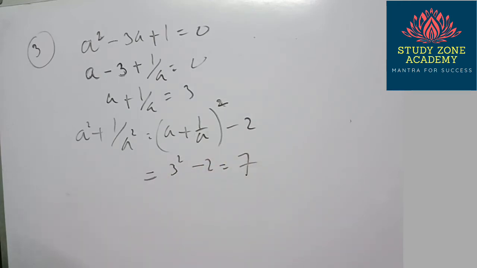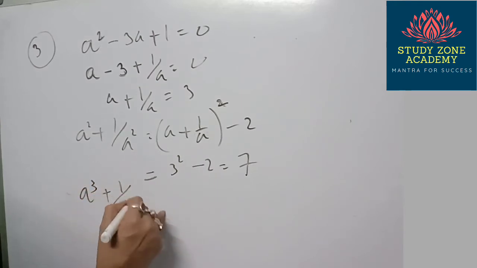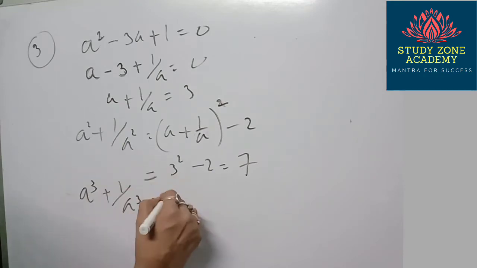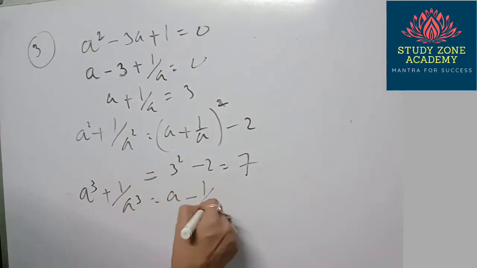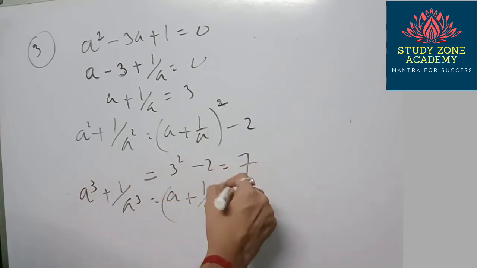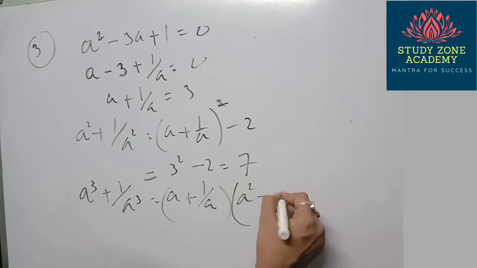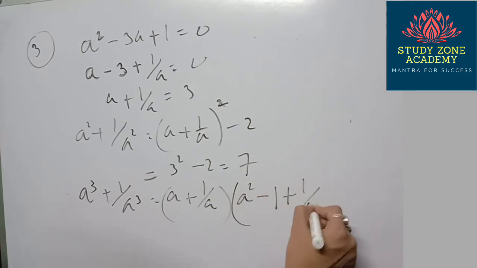So the next question is related to this: a cube plus 1 by a cube. What is a cube plus 1 by a cube? It is equal to a plus 1 by a, then comes a square minus 1, plus 1 by a square.